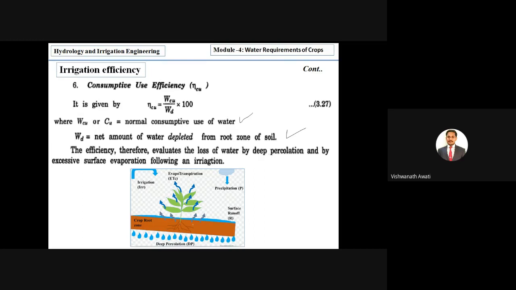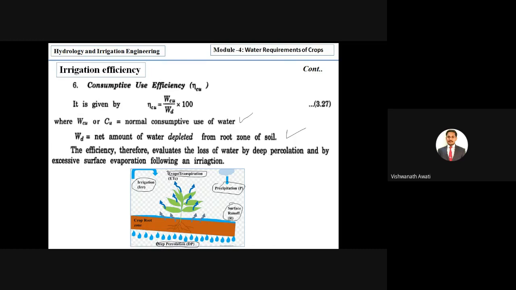So you can see in the diagram here evapotranspiration is taking place as well as deep percolation, right? Here is the irrigation as the input water as well as precipitation, and even surface runoff. So from here you can calculate how much water is going from the root zone, the net amount of water from the root zone.